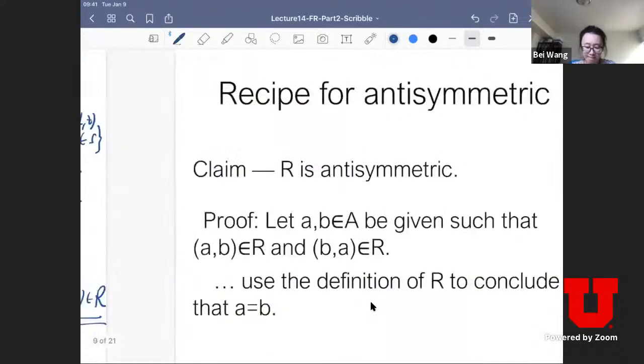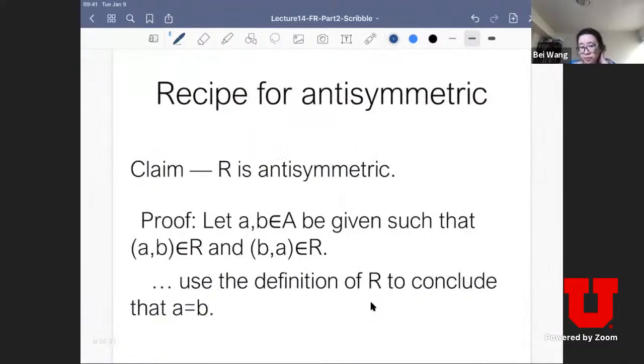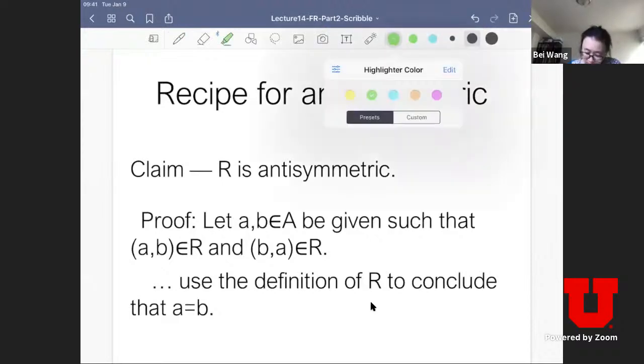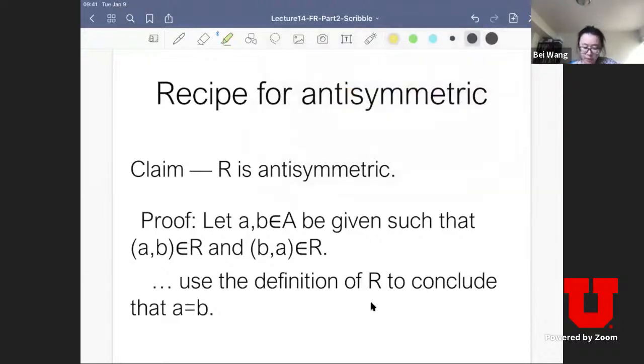Okay. Now let's do a quick review of how to prove a relation is antisymmetric. One way to prove it is to start by saying that we have a pair of elements from my set such that AB is in R and BA is in R. And we're going to use the definition of R to conclude that the only time AB is in R and BA is in R is when A is equal to B. Okay.